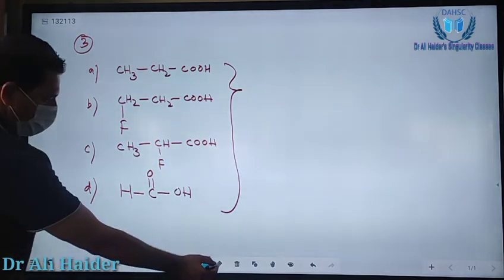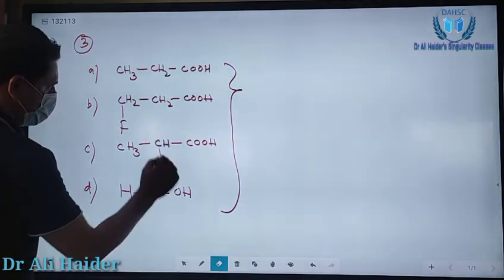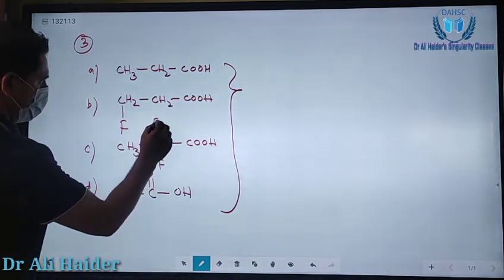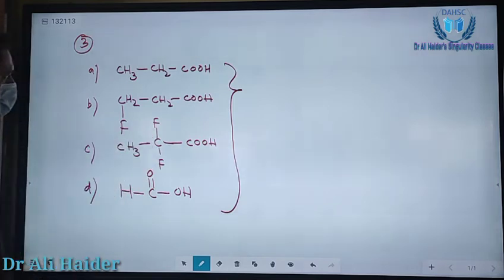You do one thing, make a correction here: CF2. What will be the decreasing acidity of it? First pick which one will be more acidic. C. Why? More electron withdrawing, because there are two strong electron withdrawing groups.